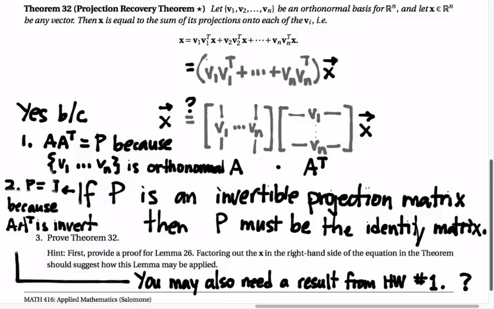So if we can put those pieces together, then we get a proof of what's going to be probably the most important theorem in our course. That if we have an orthonormal set, then any element in its span can be recovered as the sum of its projections onto each one of those vectors. These two elements will provide the proof in a way that we'll see first thing on Monday.